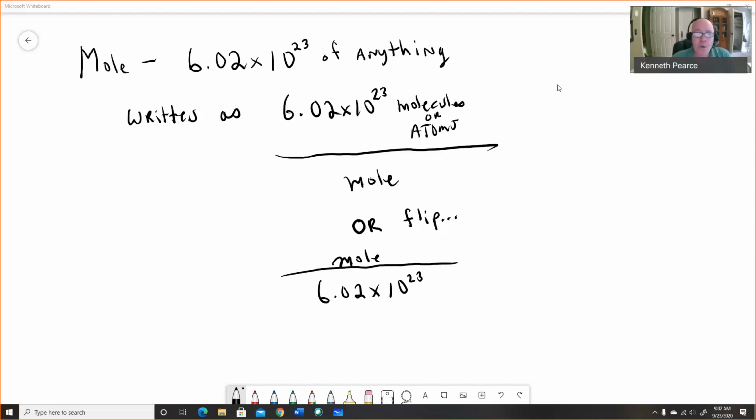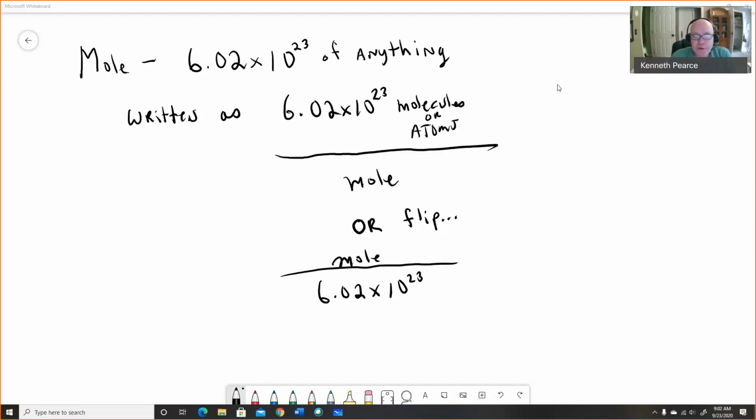And so we can write this as a conversion factor, either 6.02 times 10 to the 23rd molecules or atoms per mole, or we can flip it and write it as moles over 6.02 times 10 to the 23rd. Now, if you recall, when we were doing setups for conversions, anytime you have something over something, that's a conversion factor.